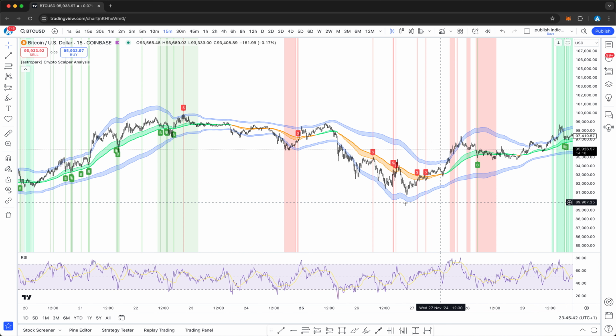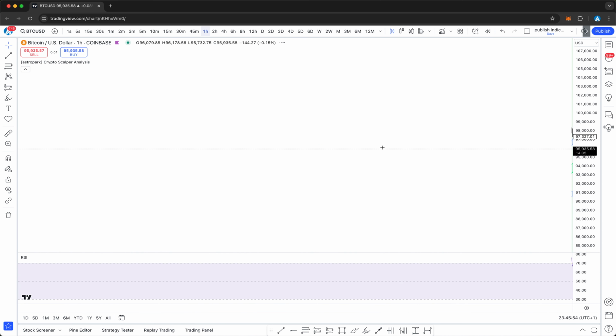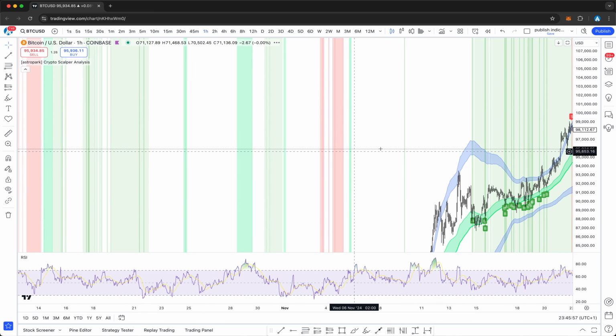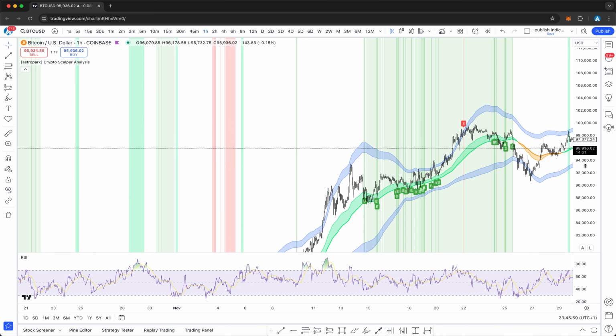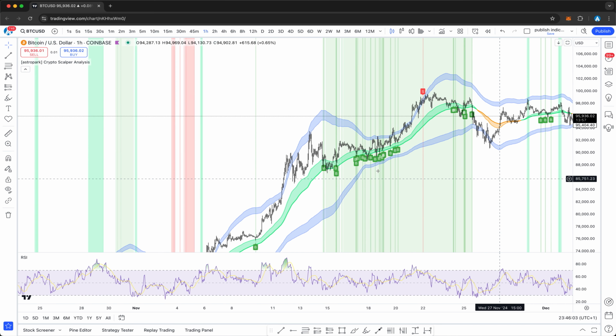So the trend, you see, the lower time frame you go, the trend will, of course, pass faster. Okay, we saw here how much longer this trend lasted on 1 hour.